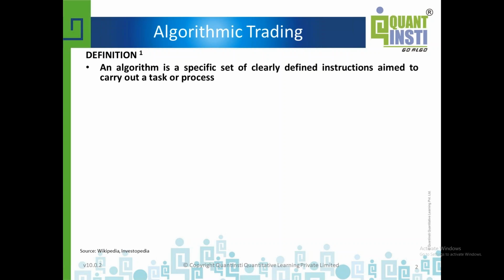The computer would then send an electronic instruction directly to the broker or to the exchange, and your trade would get executed. So an algorithm is a specific set of clearly defined instructions: what to buy, when to buy, and how much to buy.